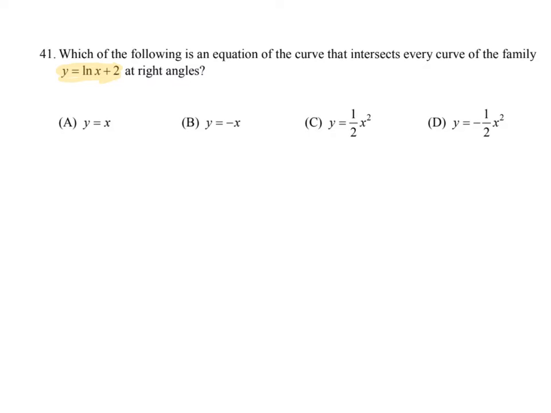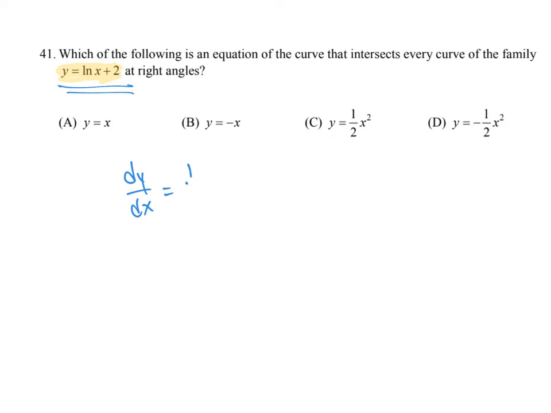For this problem, you really don't need the graphing calculator, although for many of these, the graphing calculator is required. What I'm simply going to do is find the derivative of this, which is our slope machine. It's our formula for the slopes of tangents to this function y equals log x plus 2.